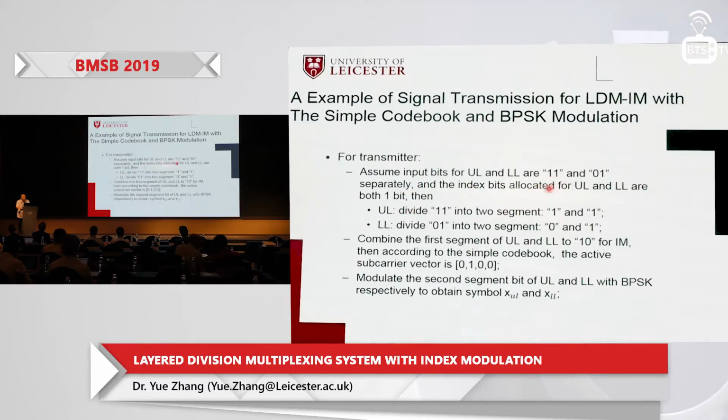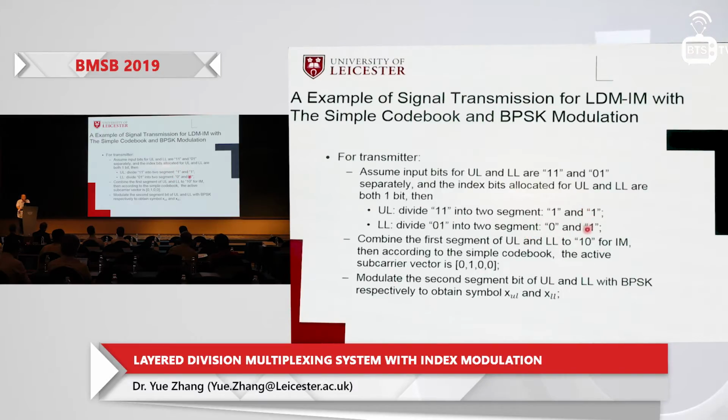This is 11, the upper layer, and 01 is the lower layer. The first bit of each is the index, so in this case 10 is the information bits for the index modulation.